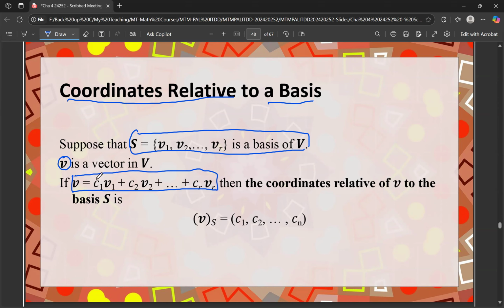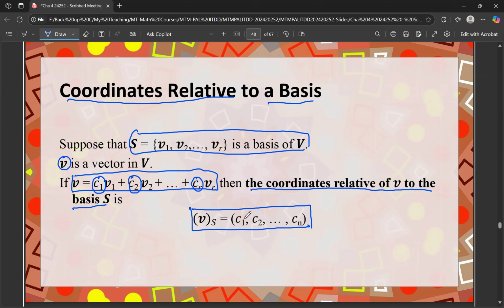Now we take only the coefficients as the coordinates of v relative to basis S. This is the notation for the coordinate relative.